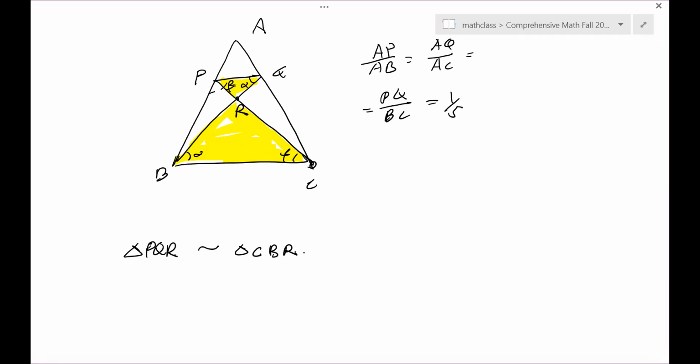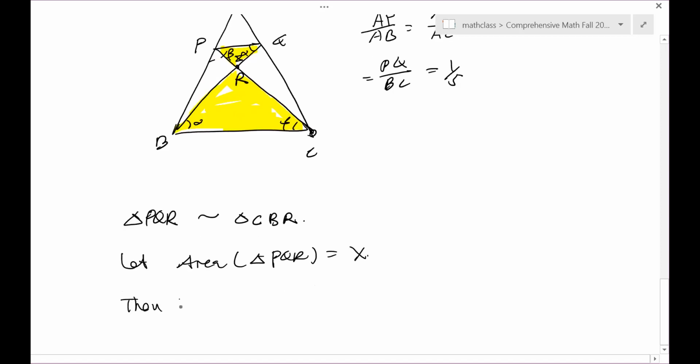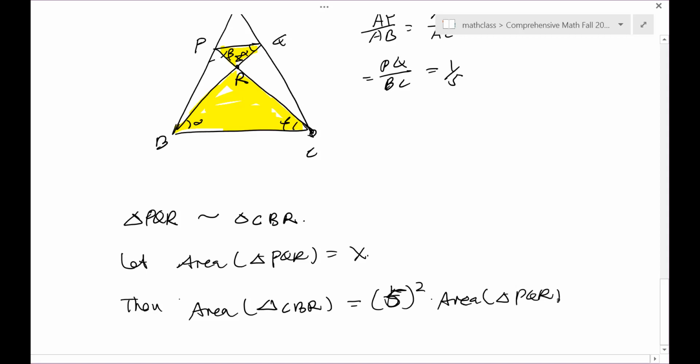So I'm going to call it X: let the area of the triangle PQR be X. Then the area of the larger triangle CBR is going to be 5 squared times the area of the small triangle PQR.